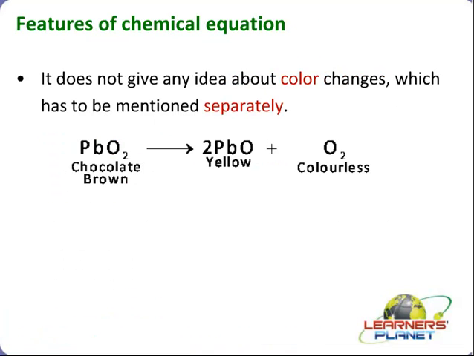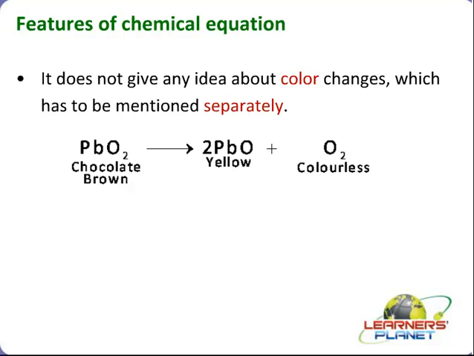Now in order to get some more information about a chemical equation, you have to write it separately. Like it does not give any idea about color changes. In the initial sessions, I told you that a chemical reaction is accompanied with either evolution of gas, or precipitation of a substance, or change in color.